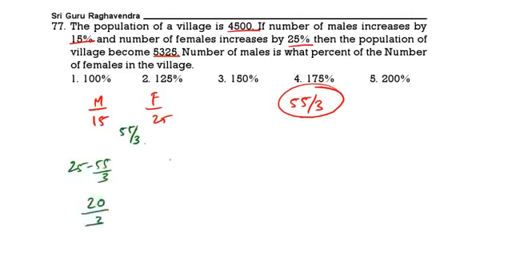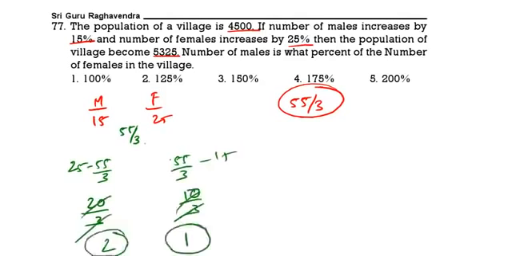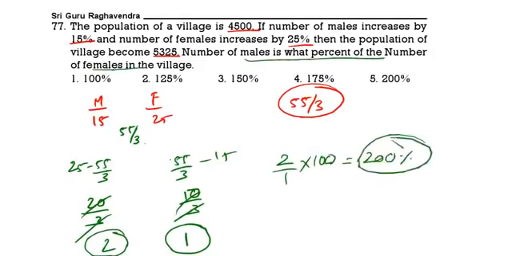Next, 55 by 3 minus 15, that is 10 by 3. 3 cancel, it is 2, it is 1. So males are 2 parts, females are 1 part. Males is what percent of females? 2 by 1 into 100, that is 200%. 200% is the correct answer.